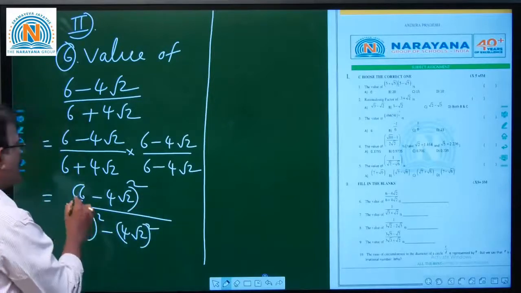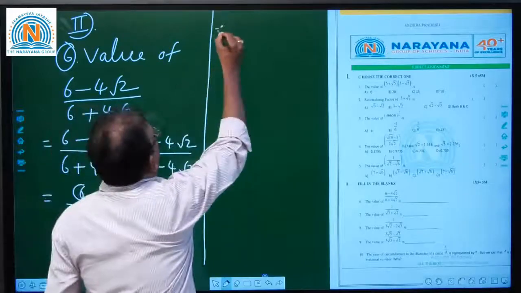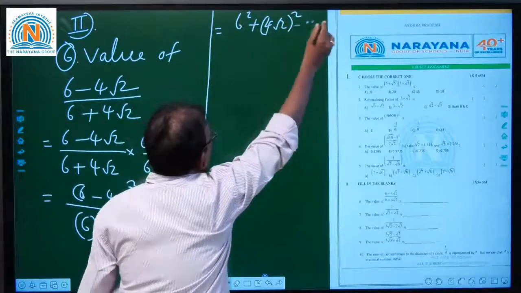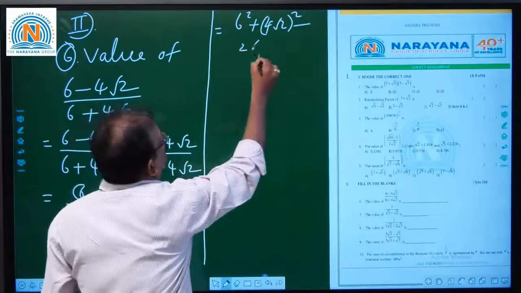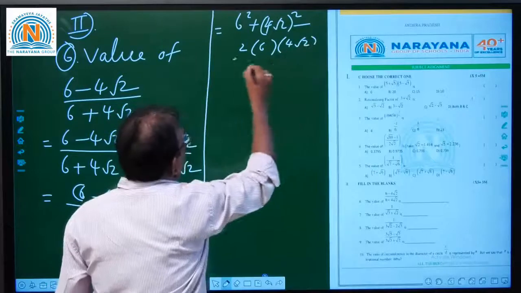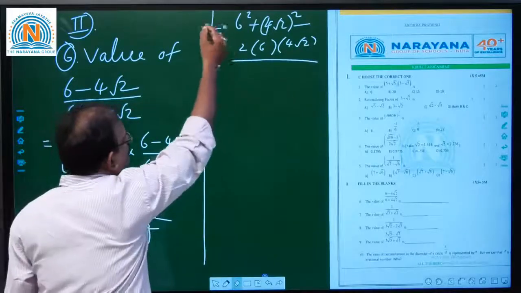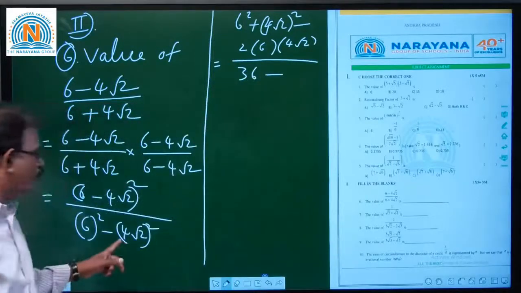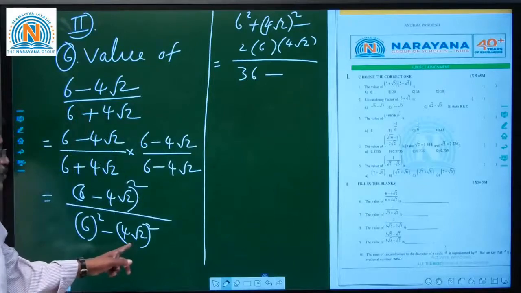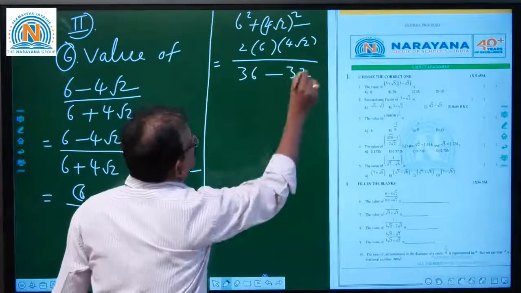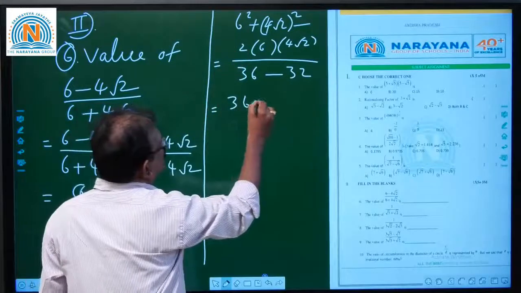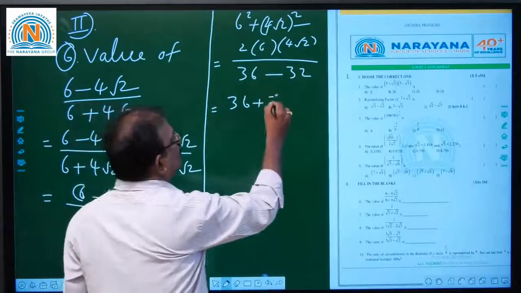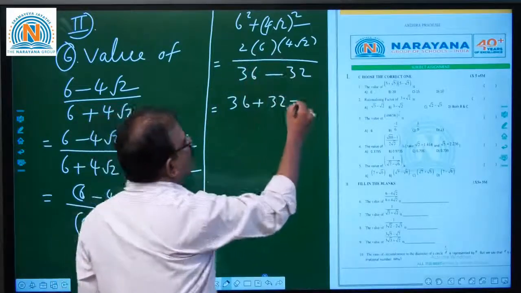Now, the numerator is (a minus b) whole square, so a square plus b square minus 2ab. That is 6 square, 36, and 4 two times is 16, the square root getting cancelled, 2 16s are 32, minus 2 into 6 into 4, 12 4s are 48.